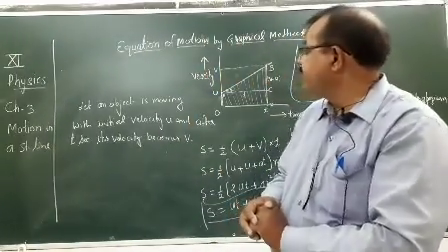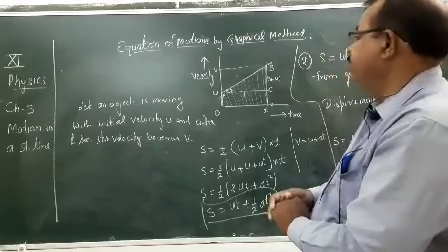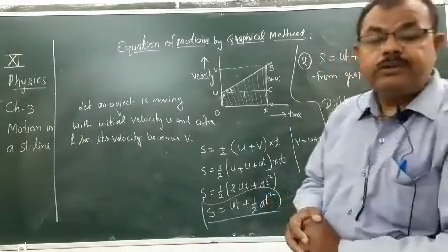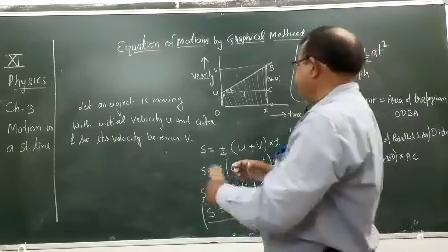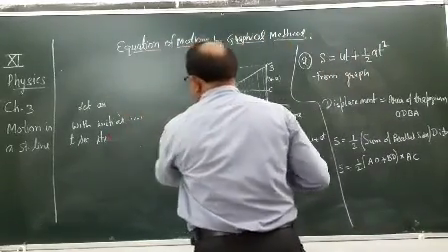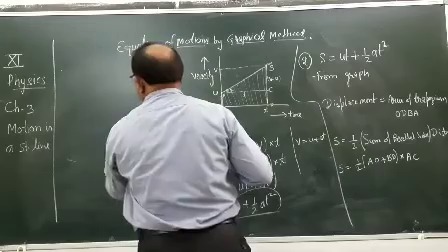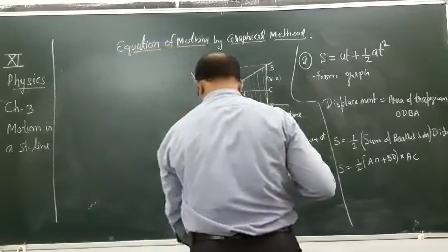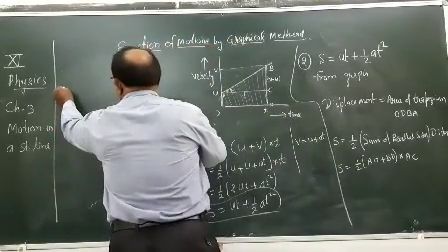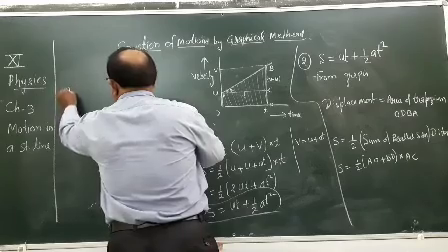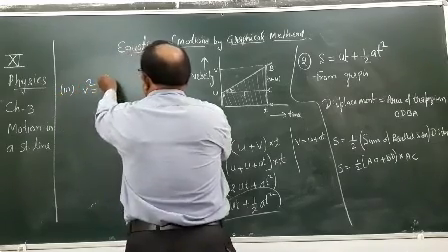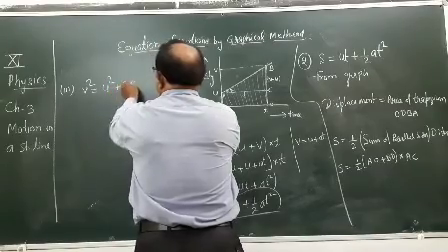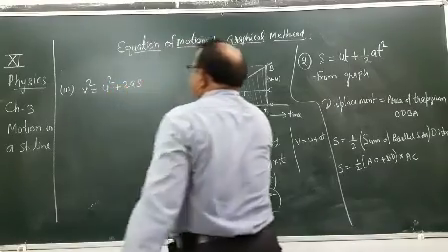Now we are going on equation number 3rd, that is V square equals to U square plus 2AS, okay. Third equation, V square equals to U square plus 2AS.